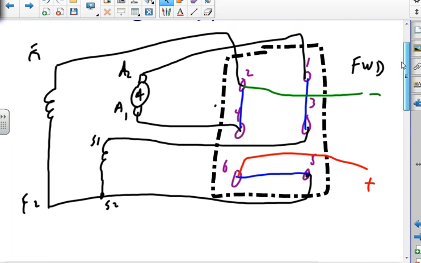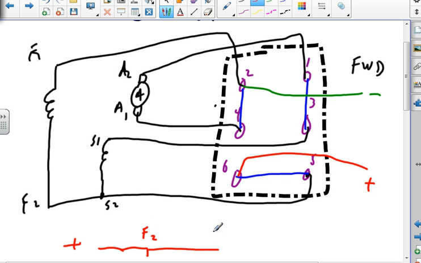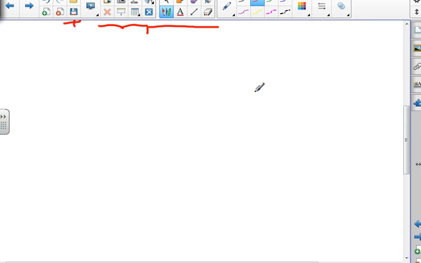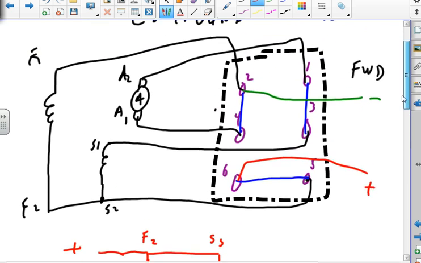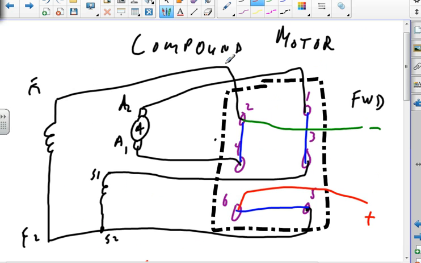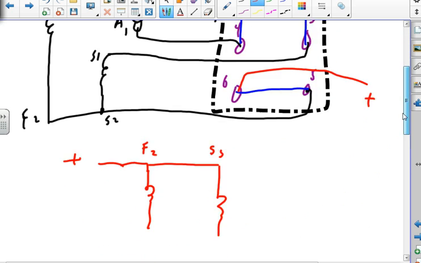So now we're going to follow the plus guy. So the plus guy is coming around to F2 and S2. Okay, and we're going to go that way, and then F1 is going to go to negative.